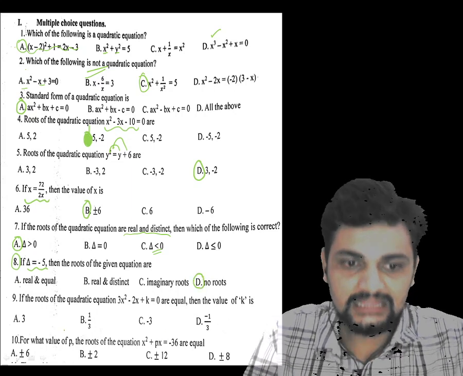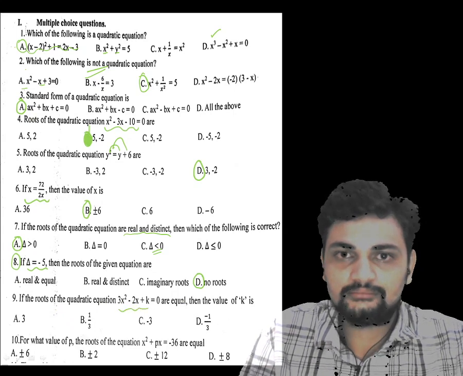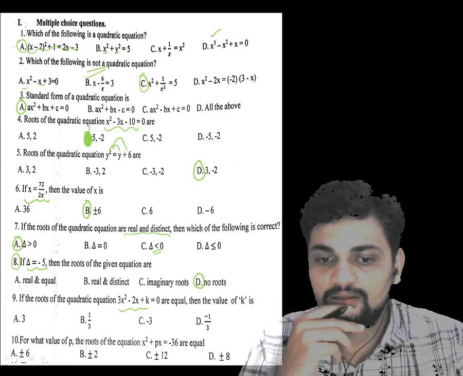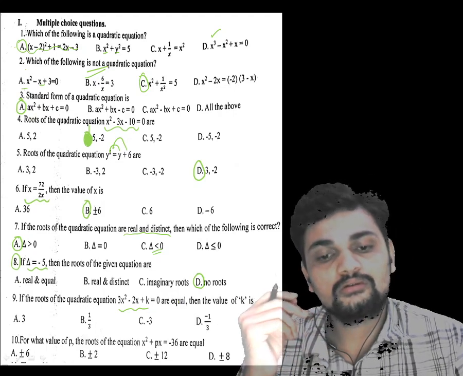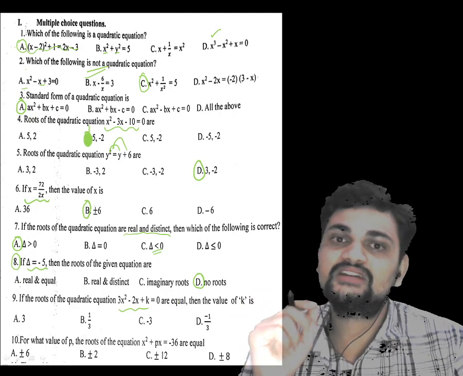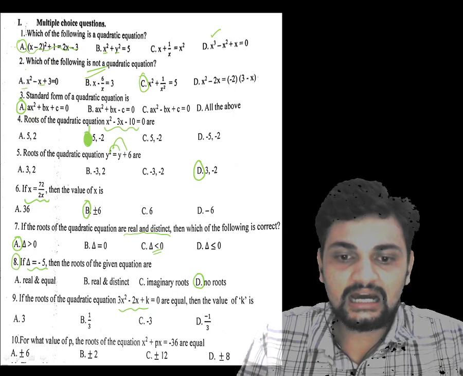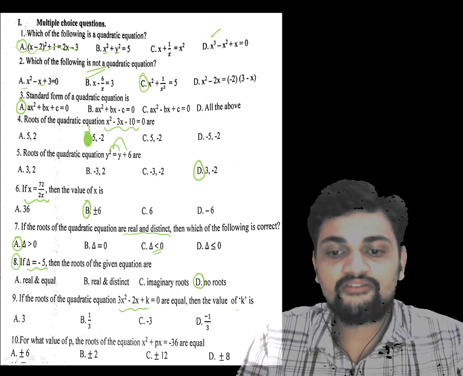Moving to question number 9, the roots of the quadratic equation are equal. Question 9 is also related to the concept of discriminant. If the roots of the given equation are equal, then what is the value of k?